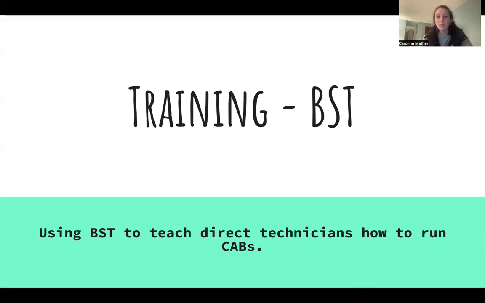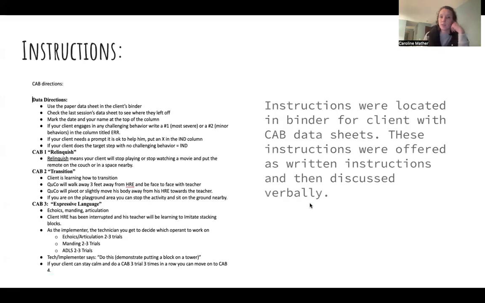So we had these written instructions, as you can see on the screen, where we talked about the data that was collected. The biggest area was identifying the R1 and the R2 behaviors. It was very hard for everyone to wrap their head around the fact that R1 behaviors are more aggressive behaviors, and R2 behaviors are the behaviors that are not aggressive, just whining and crying and whatnot for this kid.